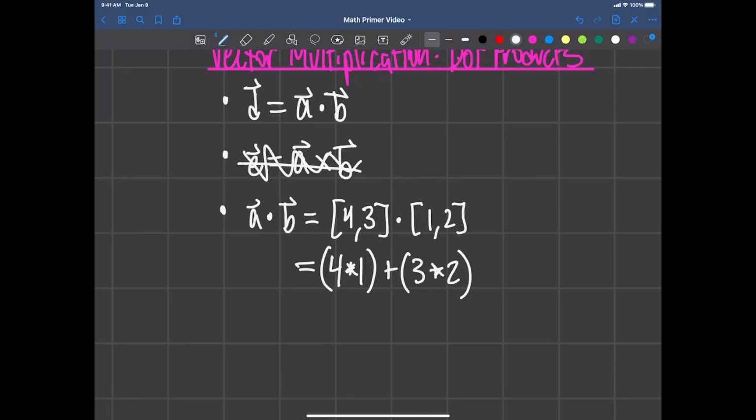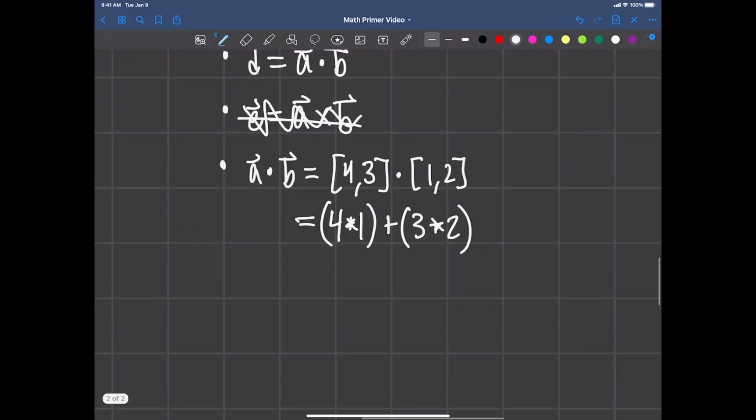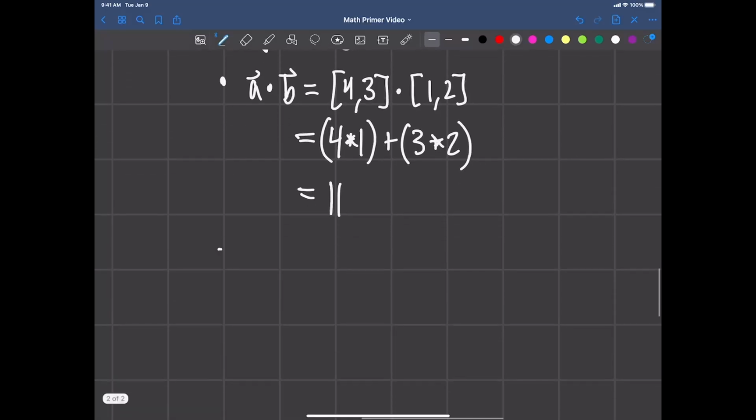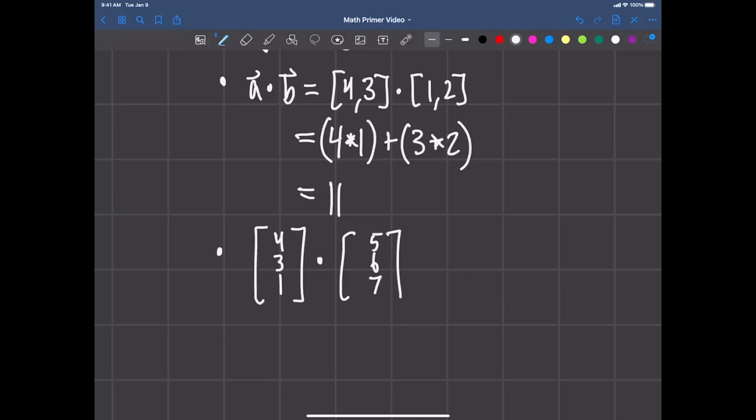We multiply the x components together, the y components together, and we add them. This equals 11. Thus, A dot B is 11. Further, if we had the vectors (4, 3, 1) dot (5, 6, 7), this would be 20 plus 18 plus 7, which is 45.